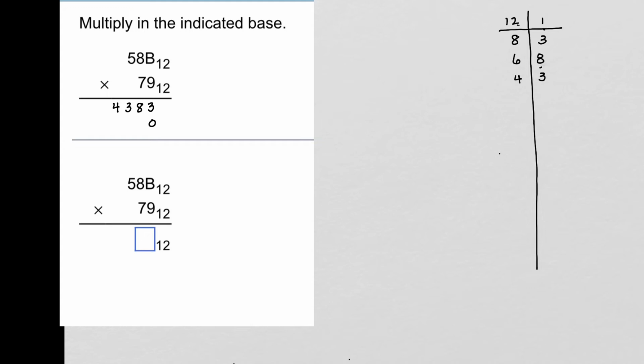Okay, so now I'm going to multiply b and 7, which is of course 11 times 7. And that makes 77.